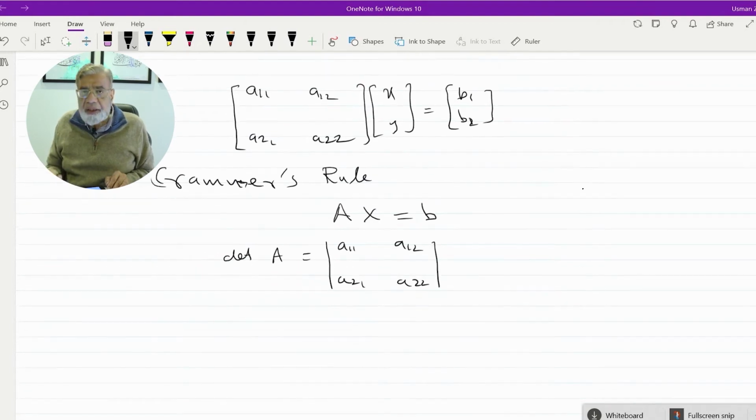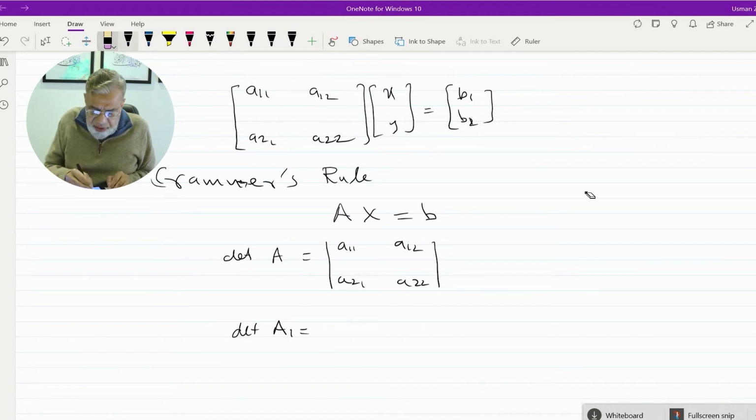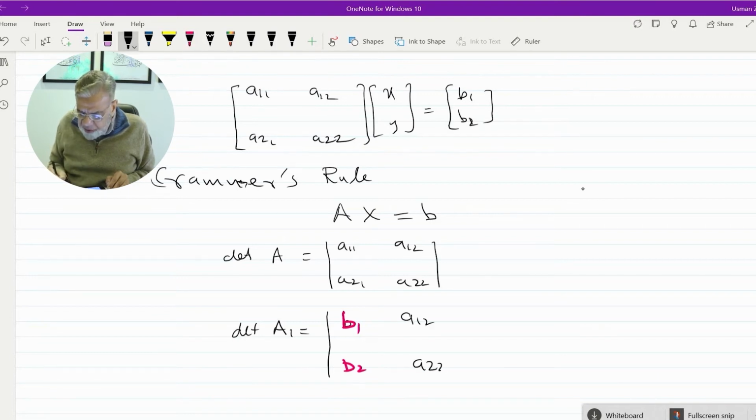Then we have the determinant of matrix A1. What's matrix A1? Matrix A1 is where we replace the first column by the constants, and our constants are B1, B2. So I can just write this one as B1, B2, and then as usual we have the coefficients A12 and A22.